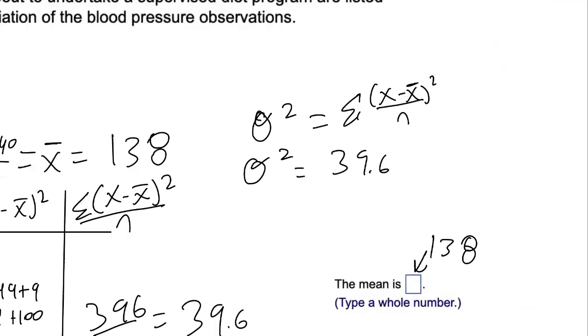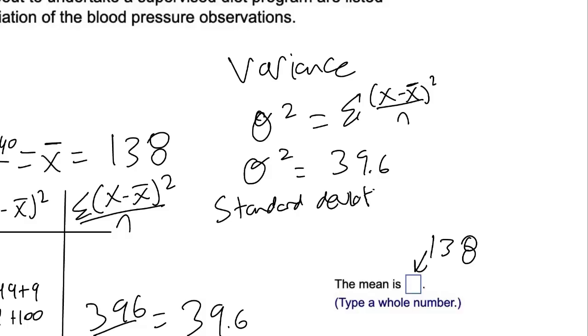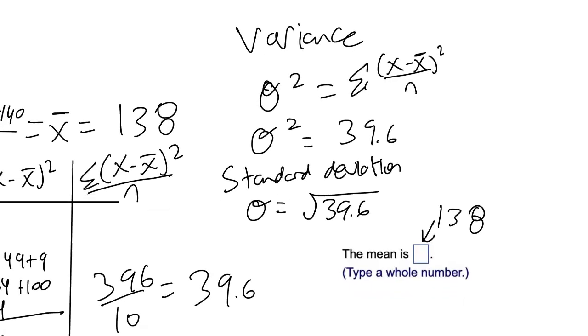So sigma squared is 39.6, and sigma is the standard deviation. We need the variance to find the standard deviation, so we take that number and square root it. If you're wondering why we do sigma squared, it's because we take the square root of the number we find, and that gives us the standard deviation.